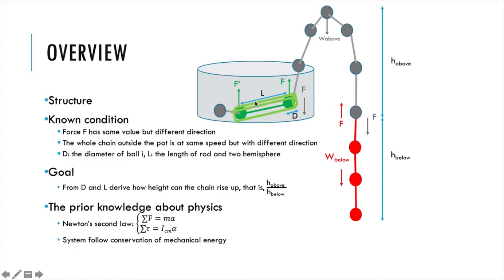And also the reaction force F1, which is the main reason for the chain fountain. Another claim is that the speed of the whole chain is the same, otherwise the chain cannot move fluently. So our goal is, from the initial conditions L and d, to calculate how high the chain can fly.